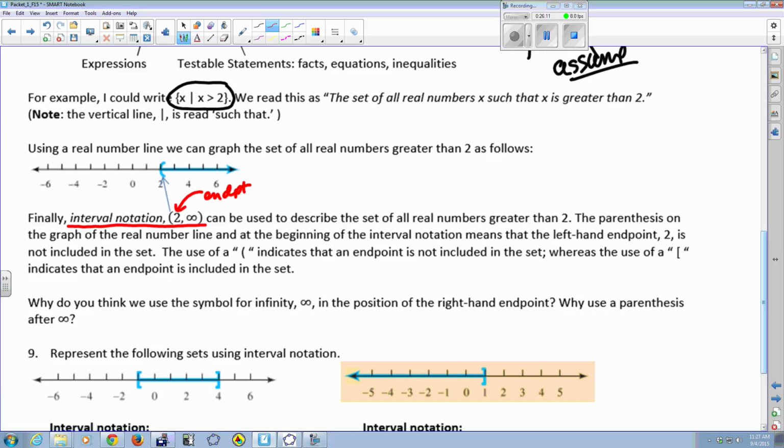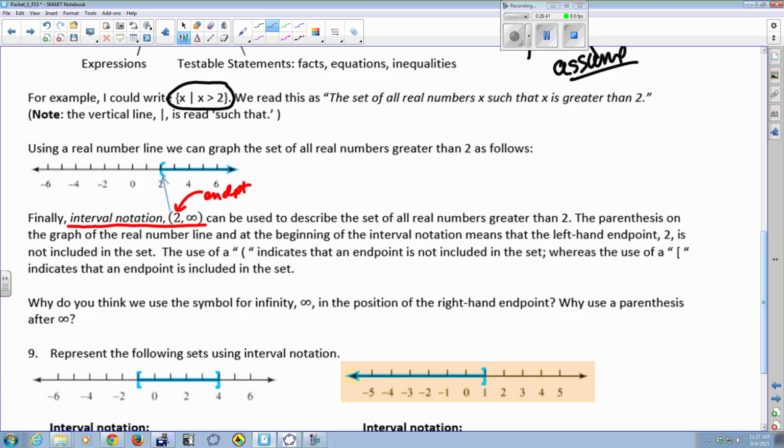And when 2 is not an element in this set, because all the numbers in this set have to be strictly greater than 2, you use a parenthesis. And then you say, well, where's my right-hand endpoint in this set? Well, there isn't a specific number because it goes on and on towards this thing called positive infinity. So you use the infinity symbol, and then you use a parenthesis.